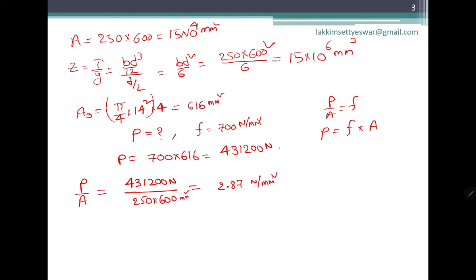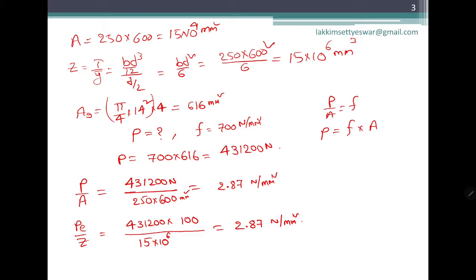Now bending stress due to pre-stressing force, PE by Z value. So 431,200 into eccentricity, which is 100 mm, it is in given data, divided by Z value. Z means 15 into 10 power 6 mm cube. The answer is 2.87 Newton per mm square.